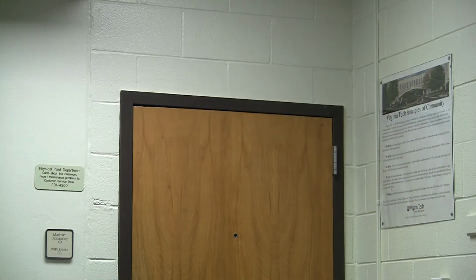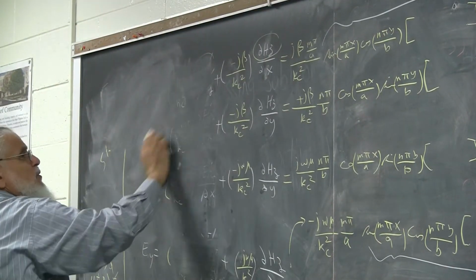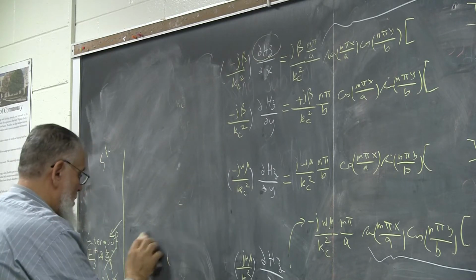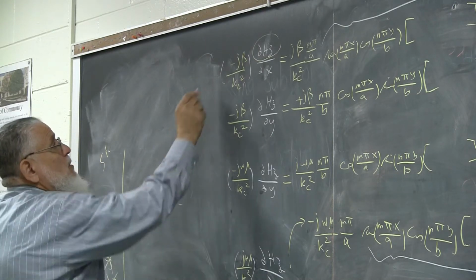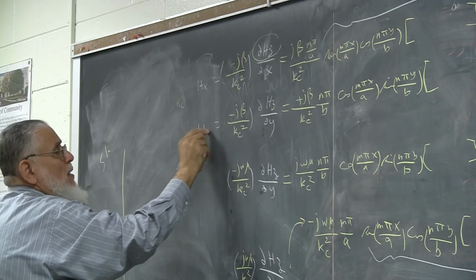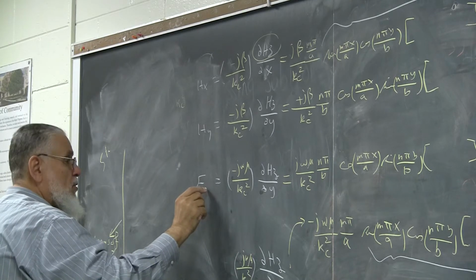So if you look at your right-hand system, I can move those to the right. That was EX, EY. Was that the correct order?